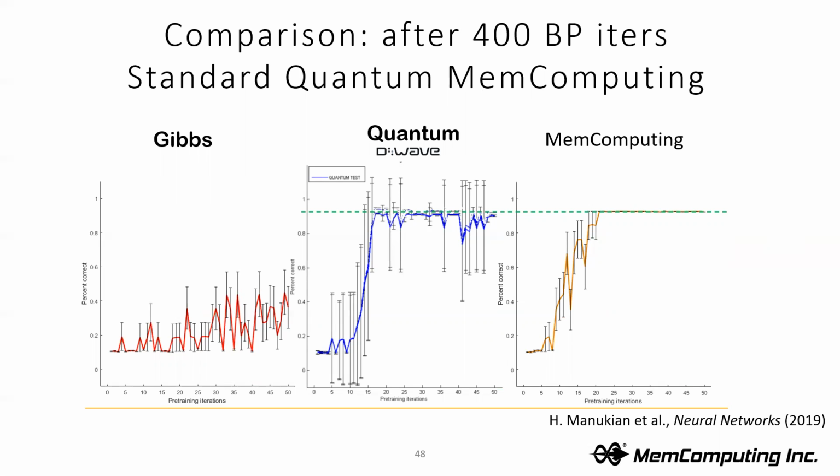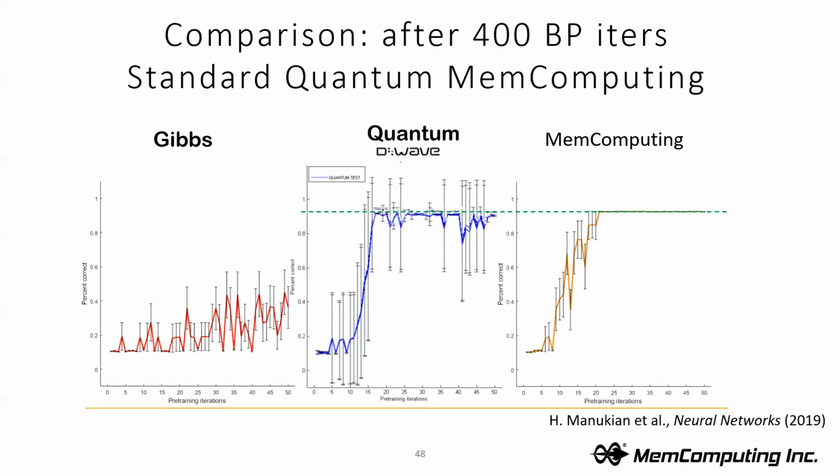your restricted Boltzmann machine. And since we can do roughly the same with the MemComputing machine, because it's a circuit, you can implement this quadratic unconstrained binary problem on it, and since it solves with the dynamics of the circuit, you can basically do the same.